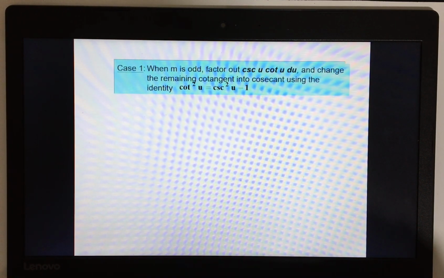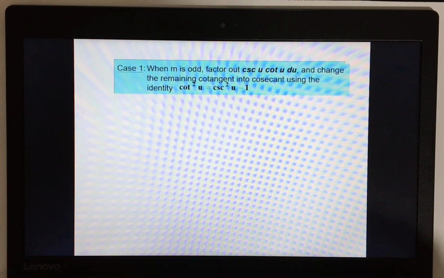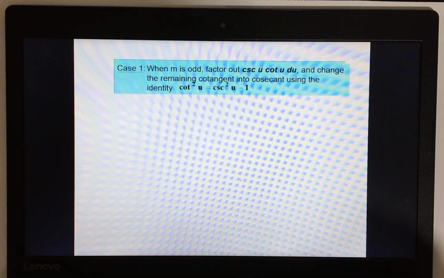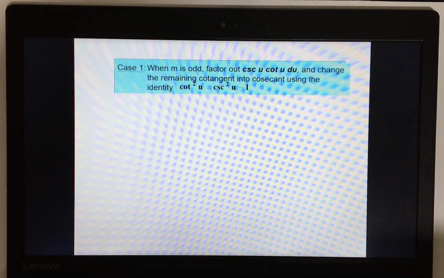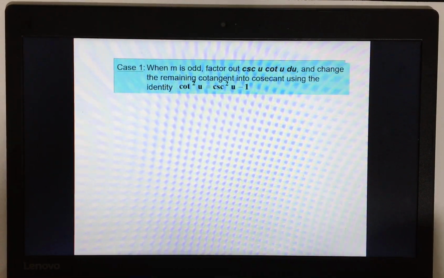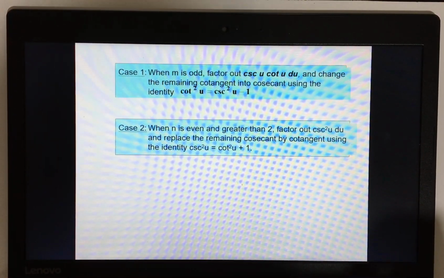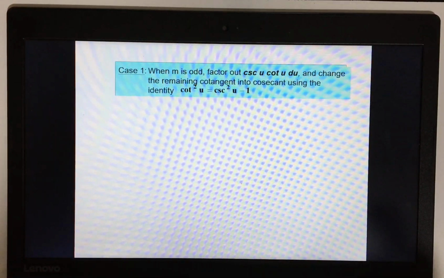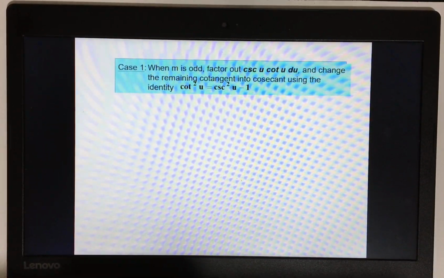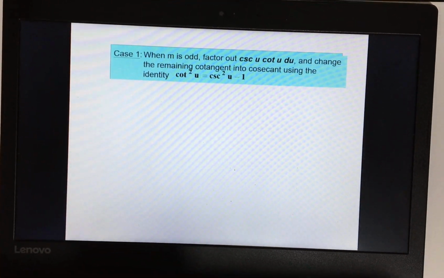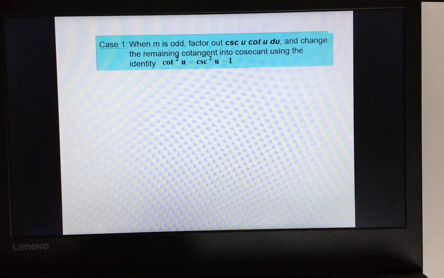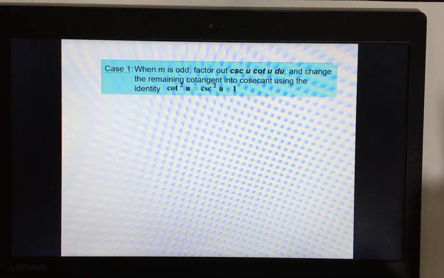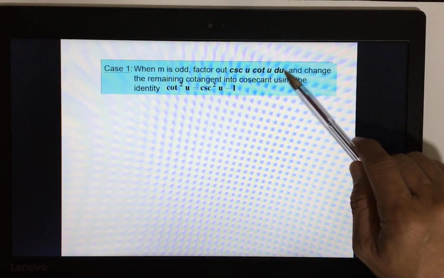Okay, so if you look at case 1, cosecant when m is odd, then we have to factor cosecant u cotangent u du, where in the previous group number 2, we have secant u tangent u du. But this time, class, we have to factor out this cosecant u cotangent u du.